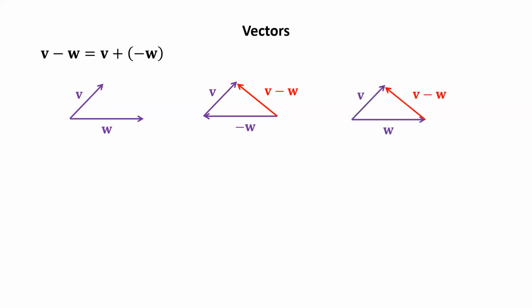Now, starting with the original picture, we see that we can get the vector v minus w right away simply by going from the terminal point of w to the terminal point of v. Now, in practice, you may want to memorize this fact shown in the third triangle here, but you may forget which direction the vector goes.